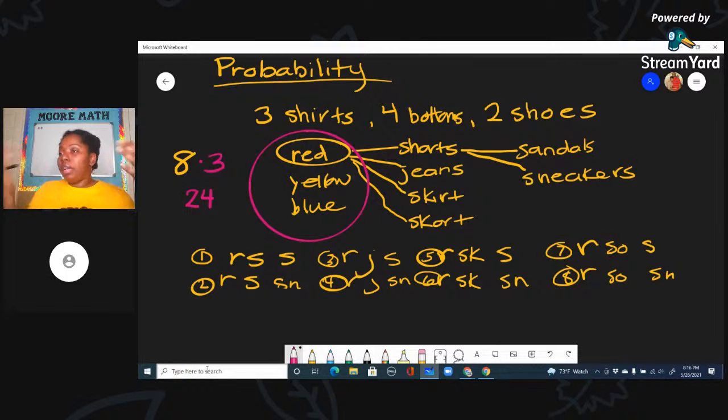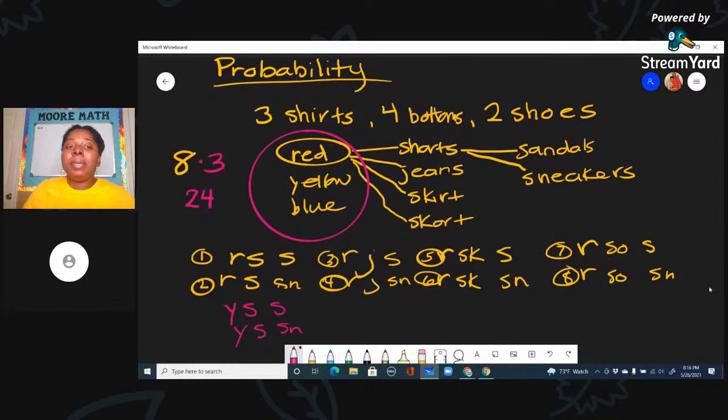Now, your teacher may have taught you that instead of listing it out, now you can absolutely list it out. And if it's easier for you, you could have kept going, right? You didn't have to stop and say times 3, right? You could have done the shorts and the sandals and kept going, and you would eventually be able to count out 24.